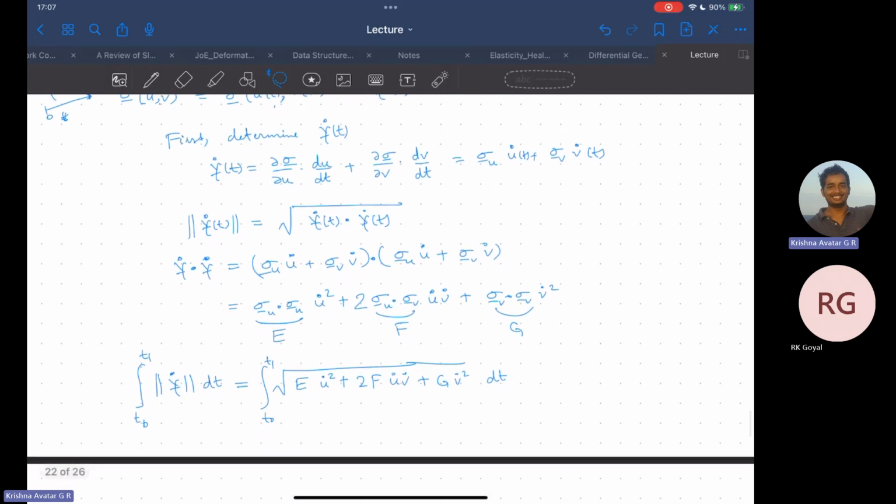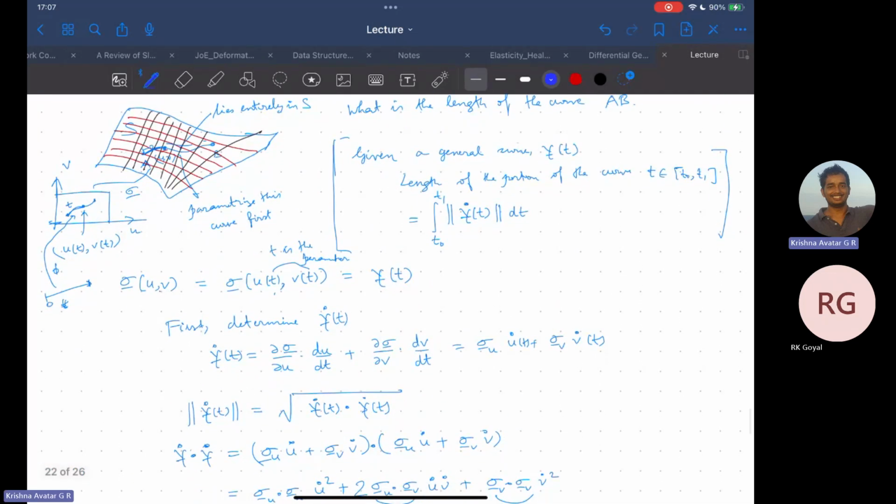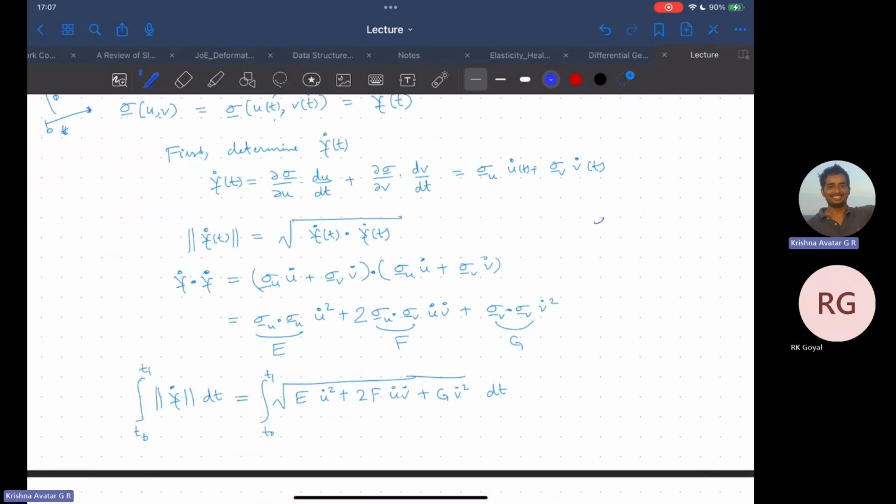So what we see in this process is that we have dot products between two different quantities, and these quantities happen to be the basis vectors at any point on the surface. Later we will come to know that sigma u and sigma v are what we call the covariant basis vectors.